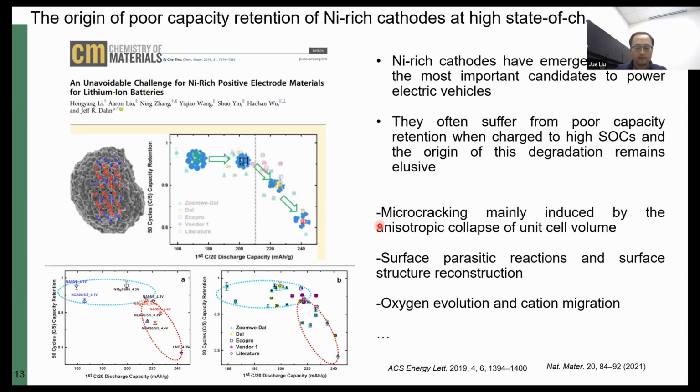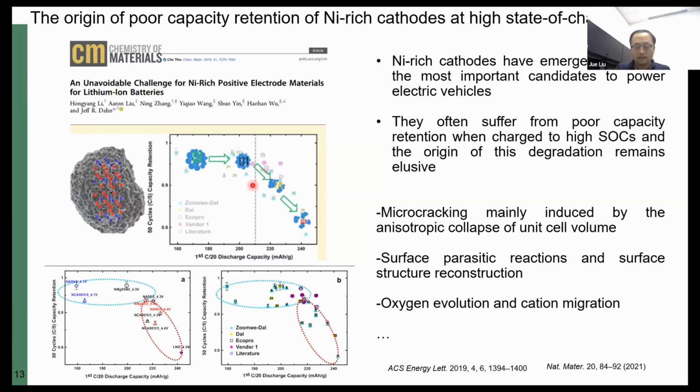There are a lot of hypotheses about what happens in this material, ranging from microcracking to surface parasitic reactions and oxygen evolution. But when we survey different compositions, they have the same phenomena, so it seems like this is caused universally by structure changes rather than parasitic reactions on the surface.